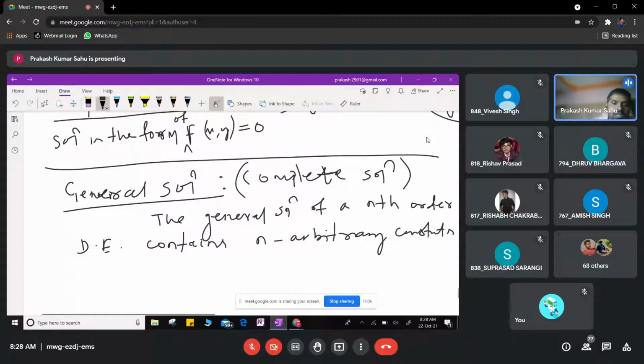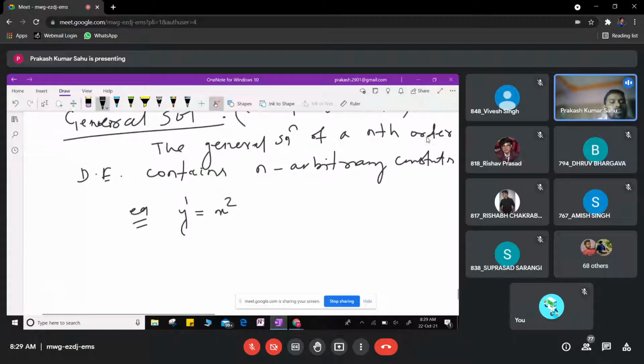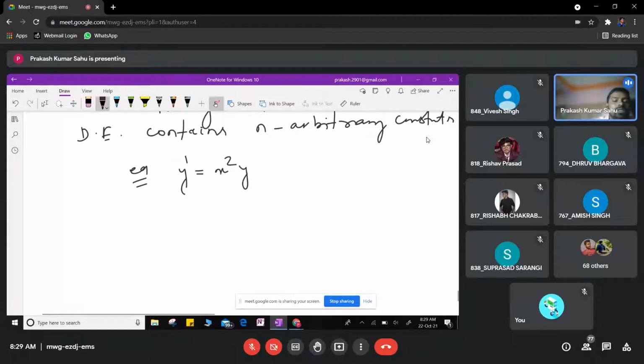For example, let us see. Suppose we solve y dash is equal to x square into y. You know how to solve this first order differential equation.